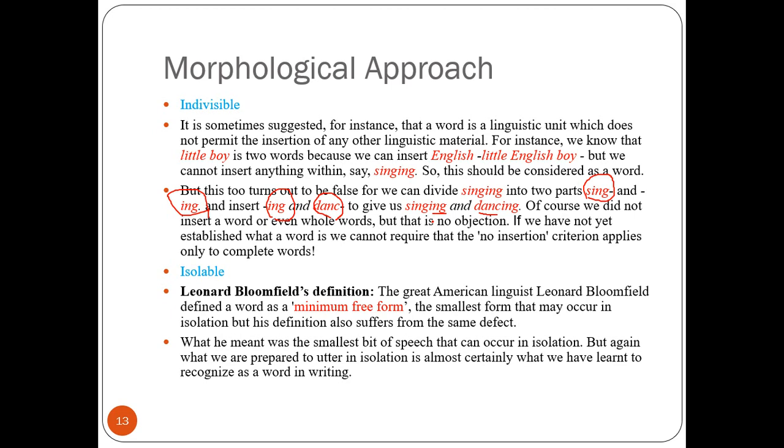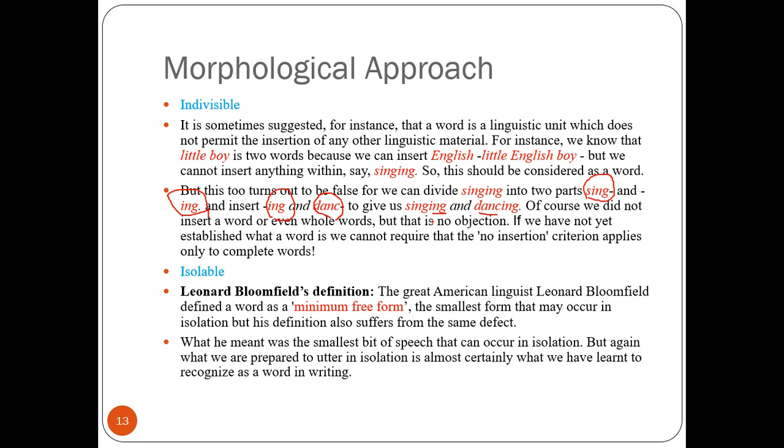So what I'm trying to say again is that player is not a word. Why? Because it is divisible. There are plenty of examples in which we can divide that. So this feature should not be taken seriously as a criterion to define or identify a word.